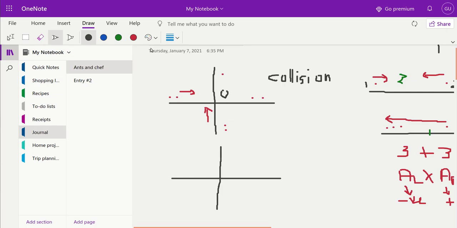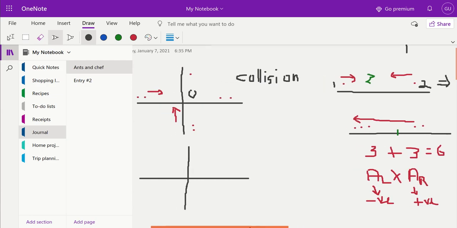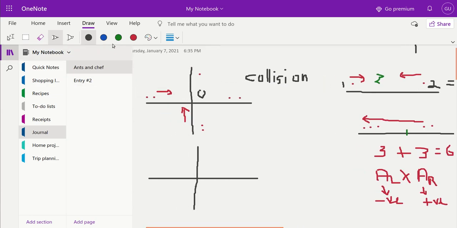Also, I'll show you one case where simply passing, not reversing the direction of ants, will cause a problem. And this is the case when a collision occurs at point O. So I'll show you why.